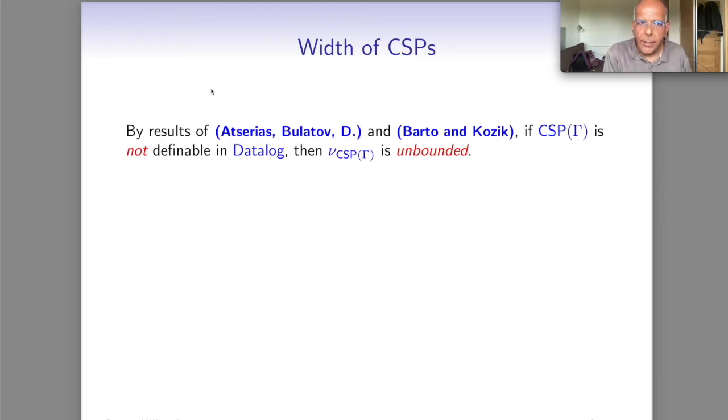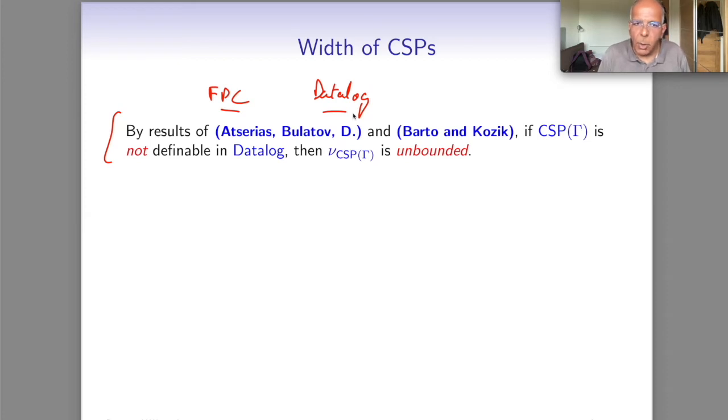Now note, in general, FPC is a much more expressive language than Datalog. I mean, I've already told you there are first order definable properties not expressible in Datalog, because Datalog in particular is confined to homomorphism closed properties. FPC is much richer. But what this tells us is that as far as constraint satisfaction problems are concerned, FPC is the same as Datalog.